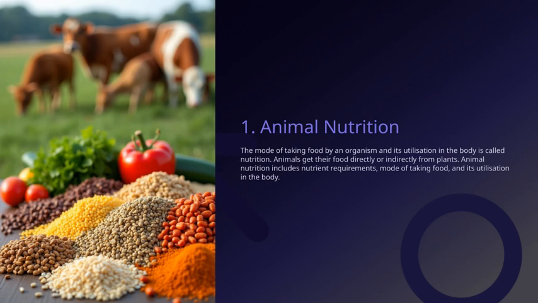Connecting this to our overall theme, understanding animal nutrition helps us better appreciate how animals survive and thrive, and it also plays a crucial role in managing livestock and wildlife conservation. So, as we move forward, keep in mind that nutrition is the foundation for all these processes.